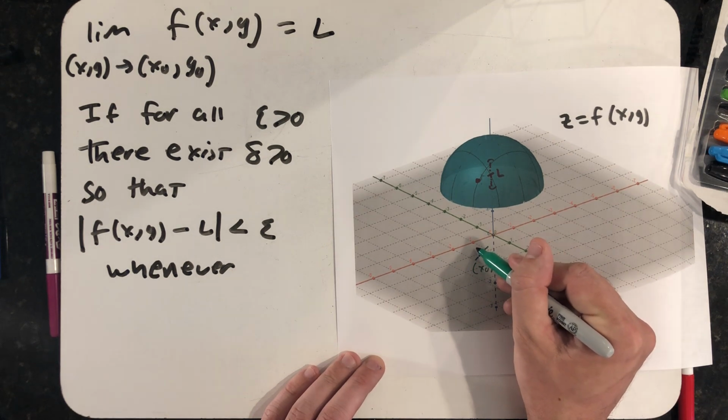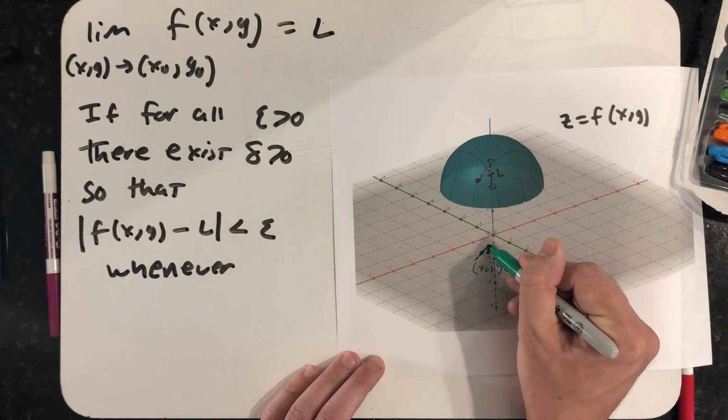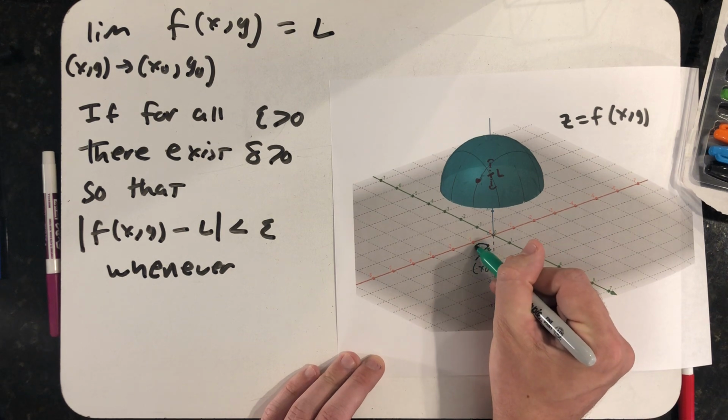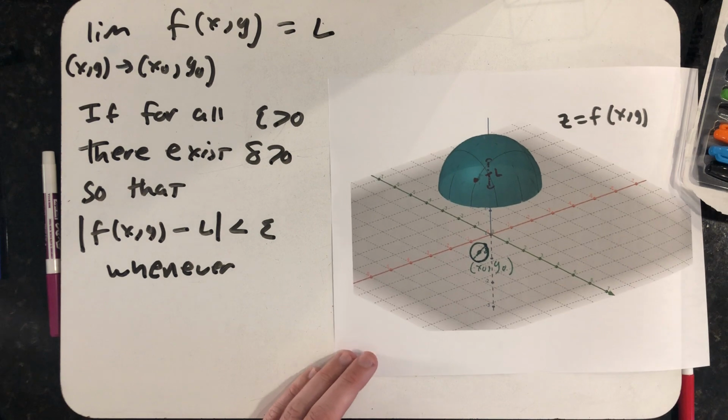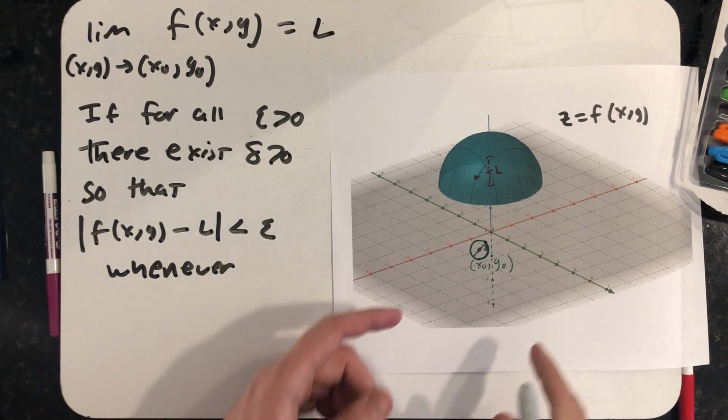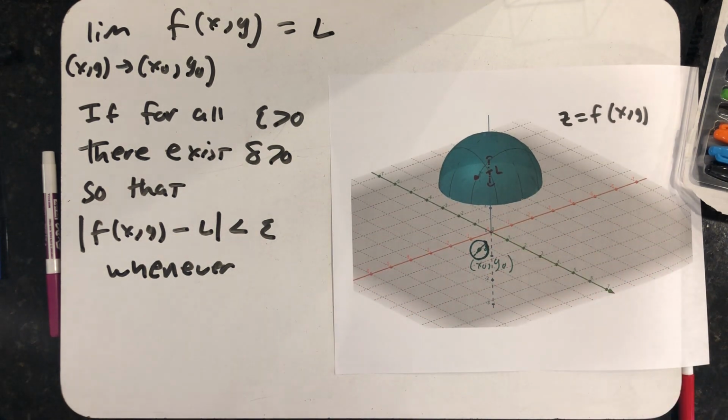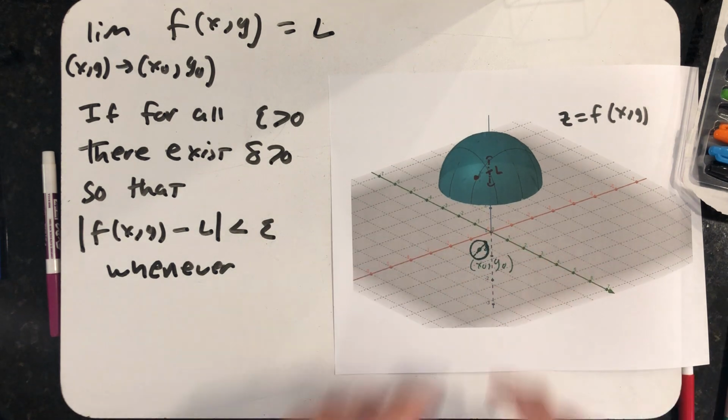But if I just find all of the points that are delta away, I can imagine drawing the circle in the plane of radius delta. Instead of an interval in the domain to keep all of my points close enough to x naught, y naught, I have to be within that disk of radius delta. In fact, I have to be on the interior of that disk.